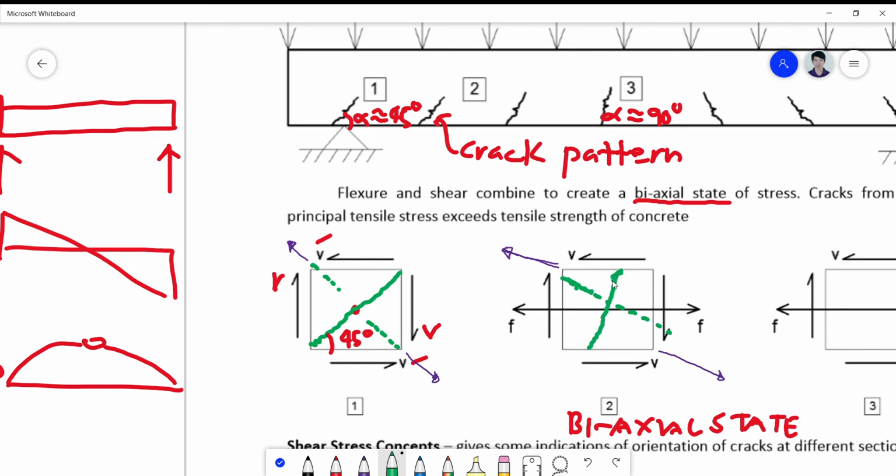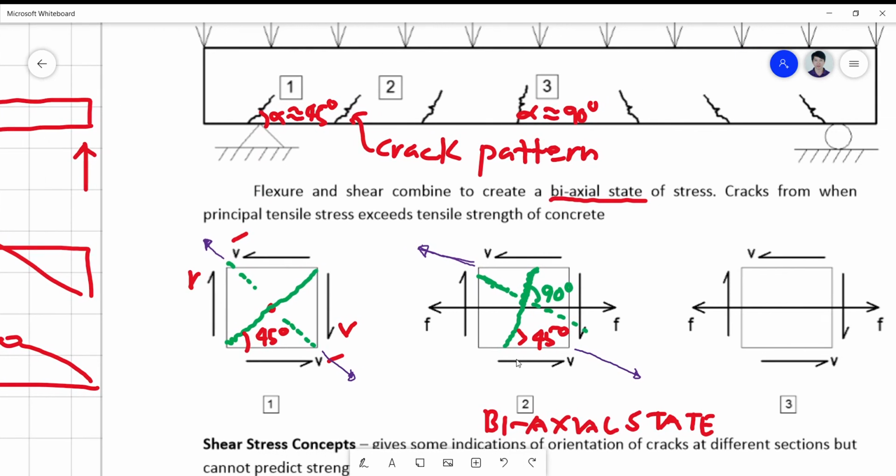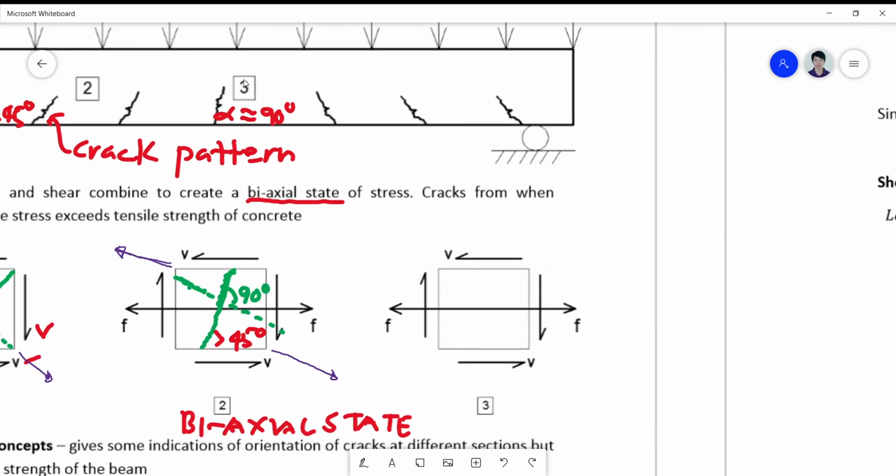Okay, so this will be perpendicular or 90 degrees with the axis to which this pulling tensile force is pulling the square element, such that your crack now has an alpha which is greater than 45 degrees. Okay, so your alpha here will be bigger than 45 degrees until such time when the flexural stress or the bending stress at the middle is a maximum.